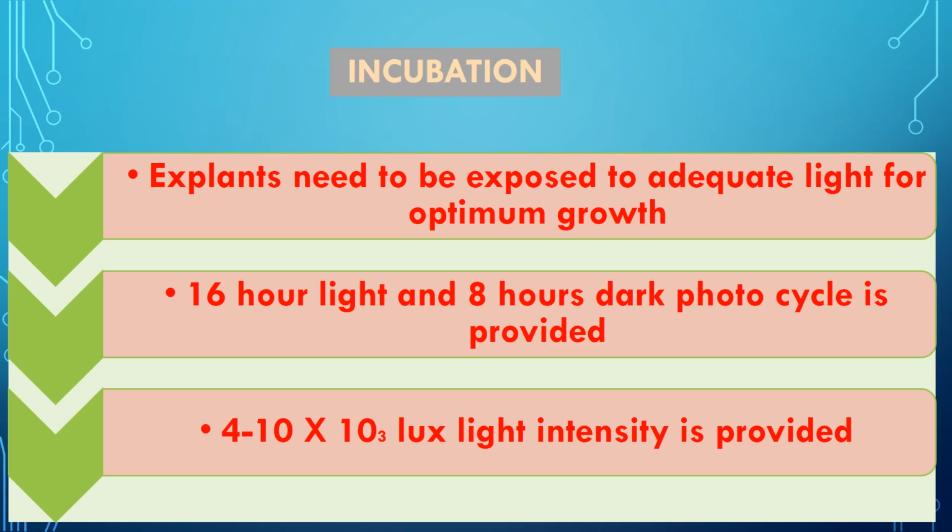During the photoperiod, light of 4 to 10 x 10^3 lux intensity is provided. For seed culture and callus culture, complete darkness is preferable, which can be achieved by placing the culture vessel in a dark box or by covering the bottle with dark paper before placing it in the incubation racks.